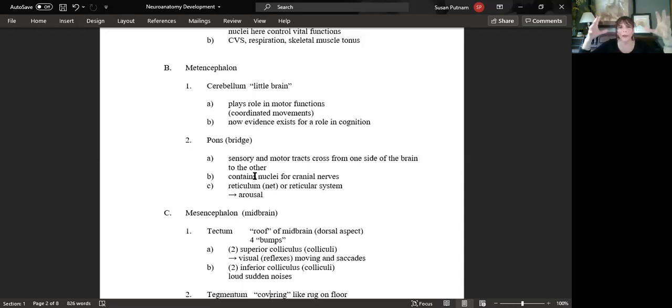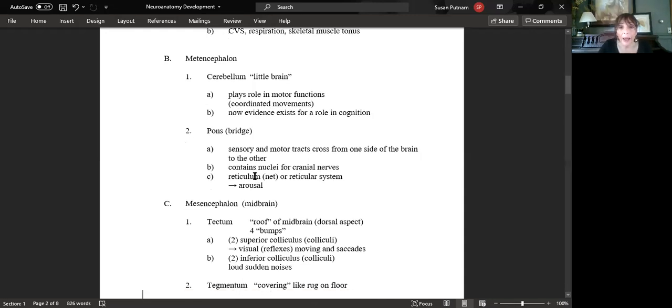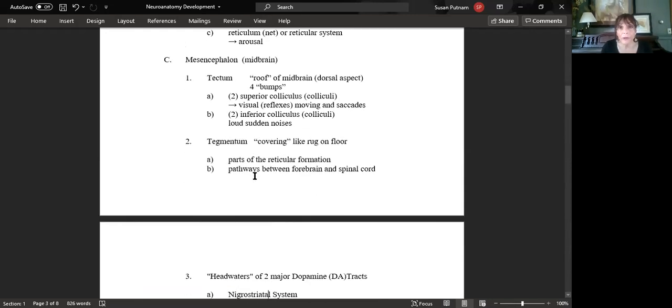It's one swelling, the mesencephalon, lovingly referred to as the midbrain. Remember that. Now here, there are a couple of very important features: the tectum and the tegmentum.